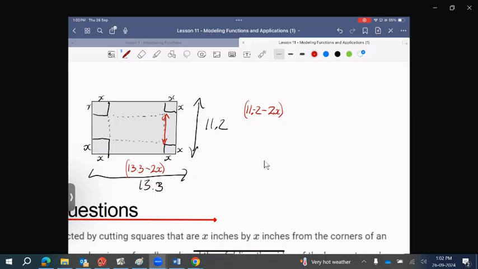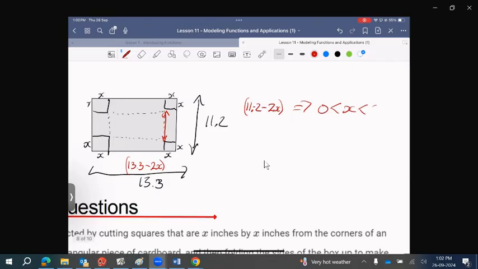So we take the 11.2, divide by 2, and we get 5.6, because this is shorter than that one. No, the domain is simply what the x value can be.